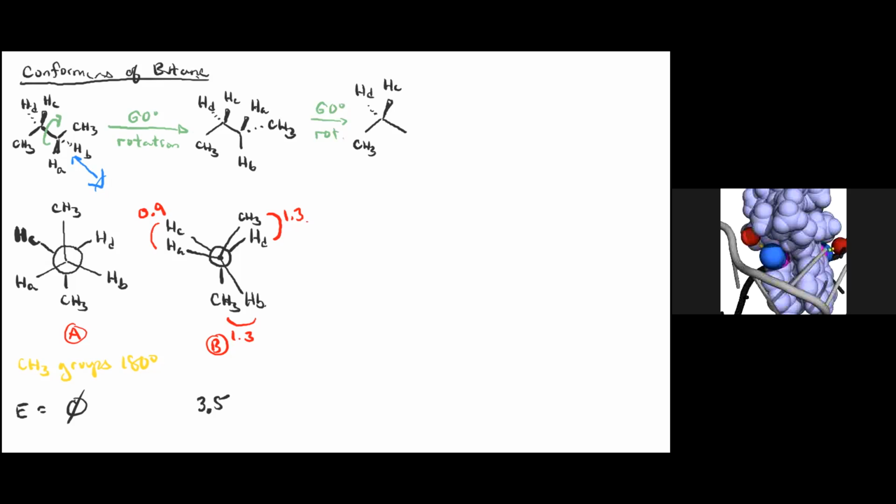And now, as I'm doing that rotation, HA is going to turn to be in plane. HB is coming forward. And the methyl group is going down. Okay. And so hopefully you can see that this has now achieved another staggered conformation.